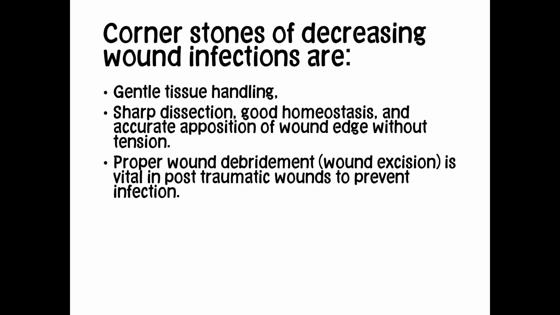Sharp dissection, good hemostasis, and accurate apposition of wound edges without tension. Proper wound debridement, which is vital in post-traumatic wounds to prevent infection. Damaged or dead tissue that is left behind is likely to act as a focus of infection.